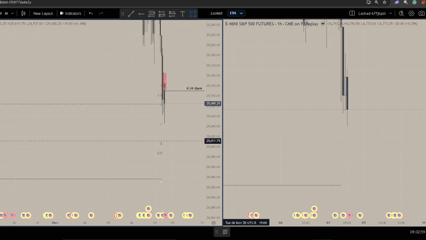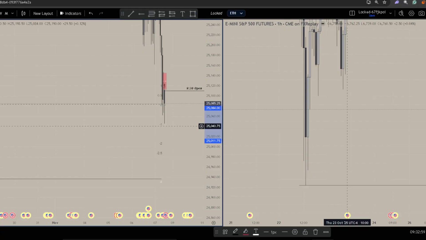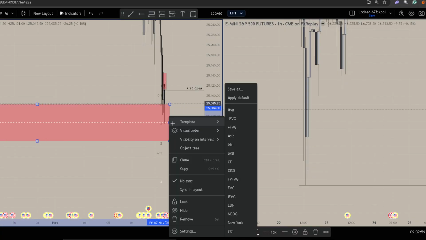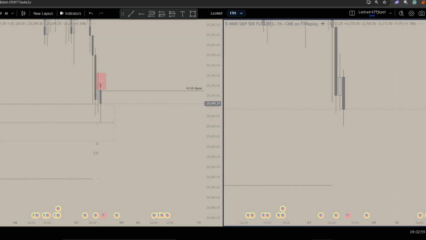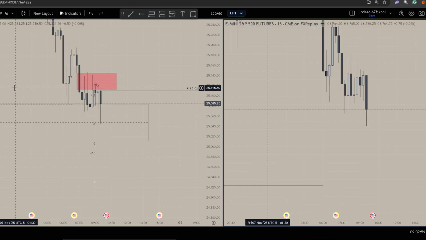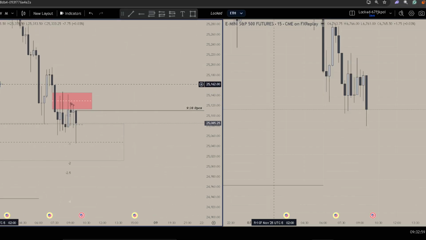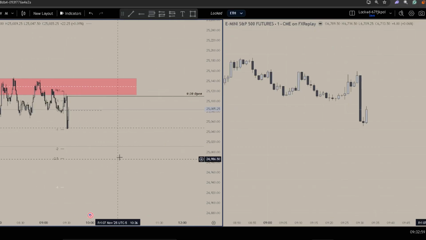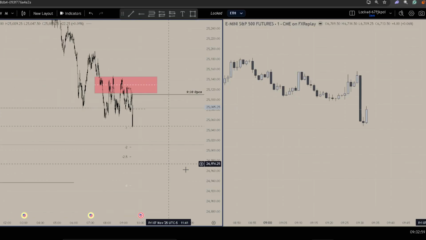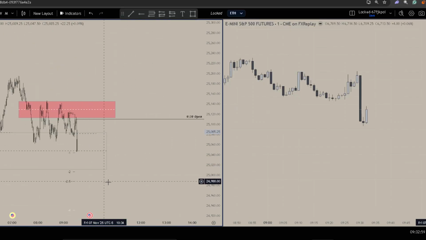And then reacting off the midpoint as well. Okay, but I'm still bearish. Alright, come on.